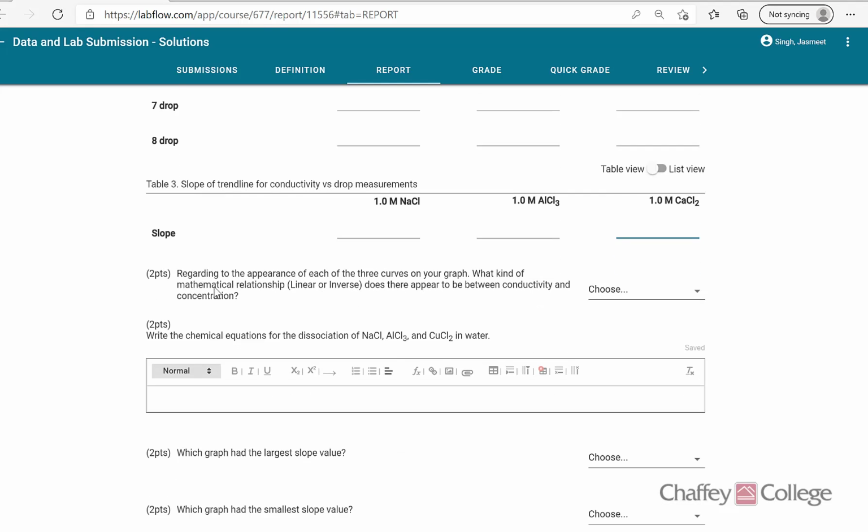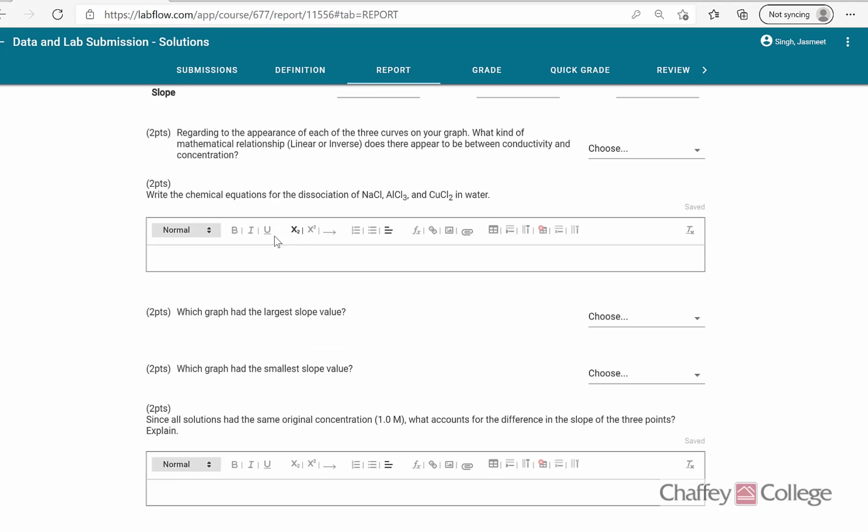Then regarding the appearance of each of the three curves, what kind of mathematical relationship, linear or inverse, it will be linear, so you can select linear. Write the chemical equation of dissociation. This we already learned, and in the previous lab we also used this dissociation equation.